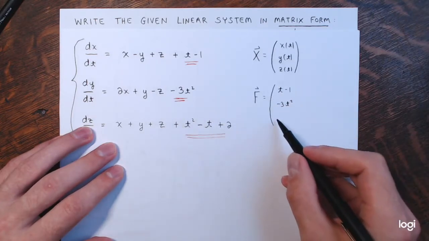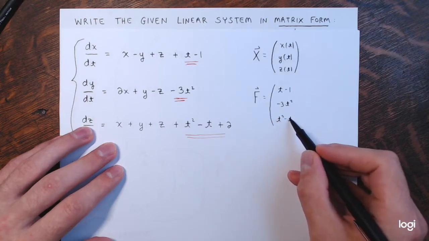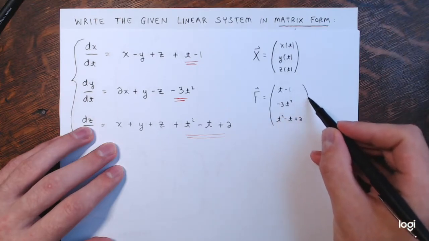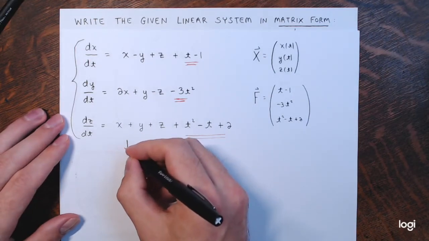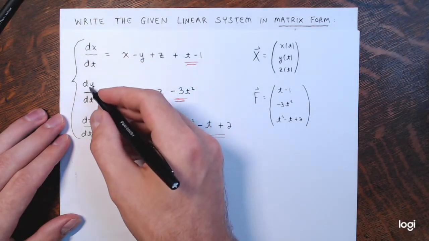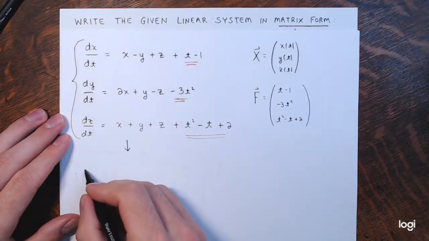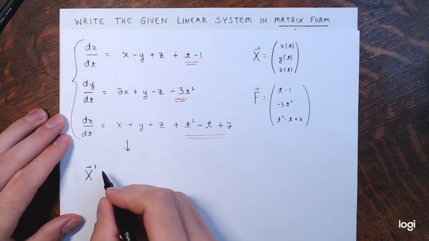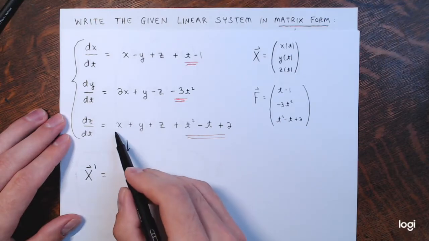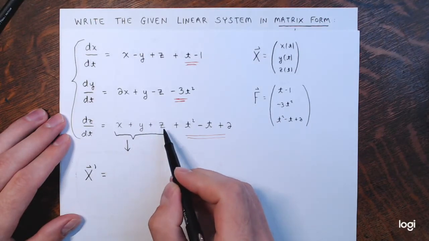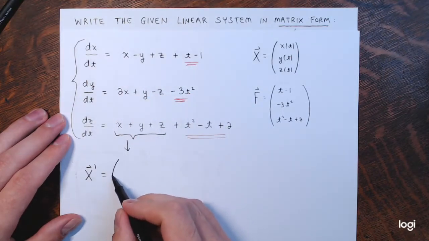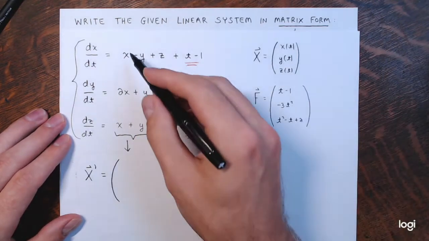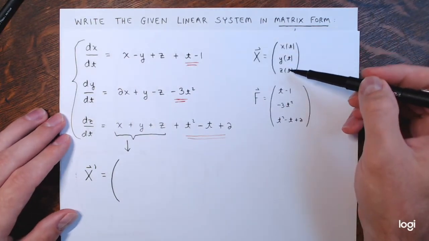And then t squared minus t plus 2. There's this vector f. And then writing this as a matrix equation, we have x prime, y prime, z prime, that's vector x prime. Then we have all the stuff with x, y, and z involved, which I can write as a matrix times vector x. Again, I'll put the matrix in the same order, x, y, z.